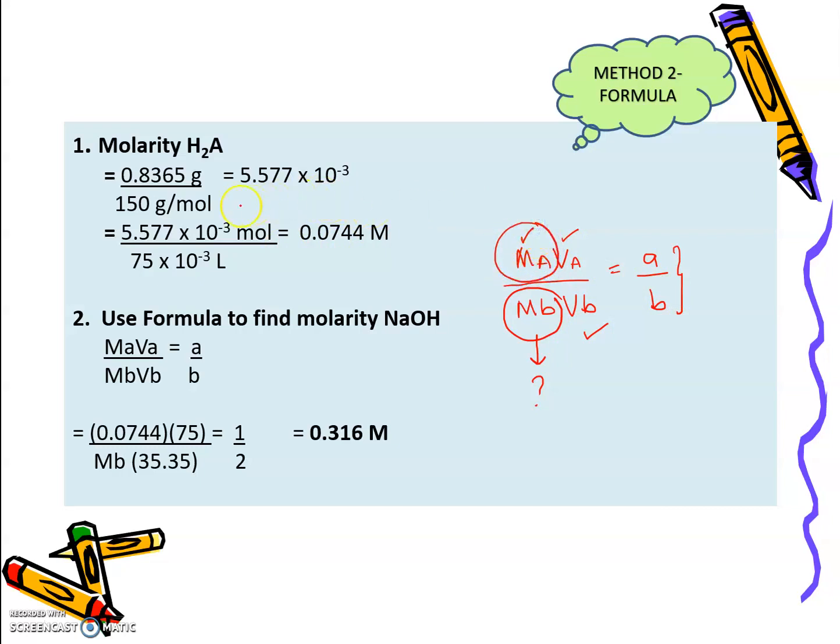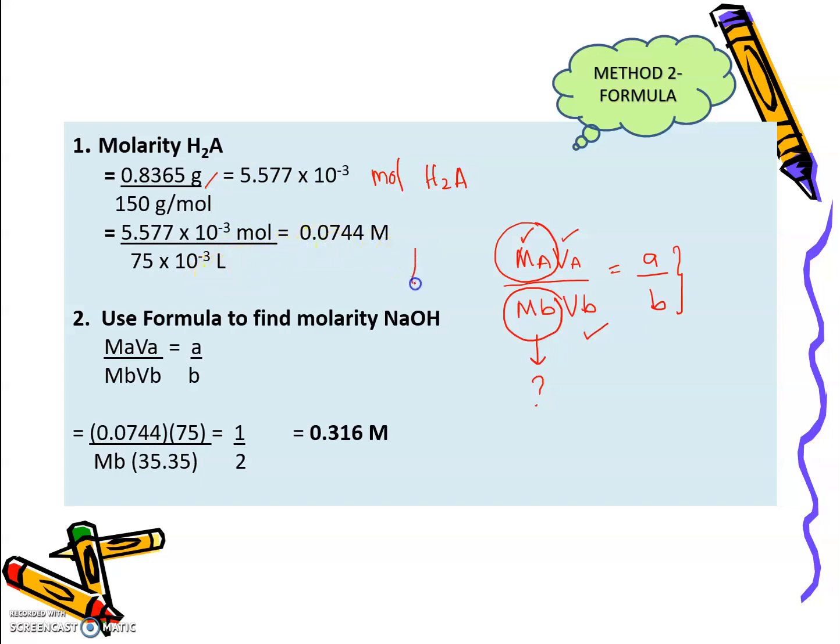Given the mass of diprotic acid and its molecular weight, you can find the number of moles of diprotic acid, and then divide by the volume of the solution, 75 ml, changed to liters.